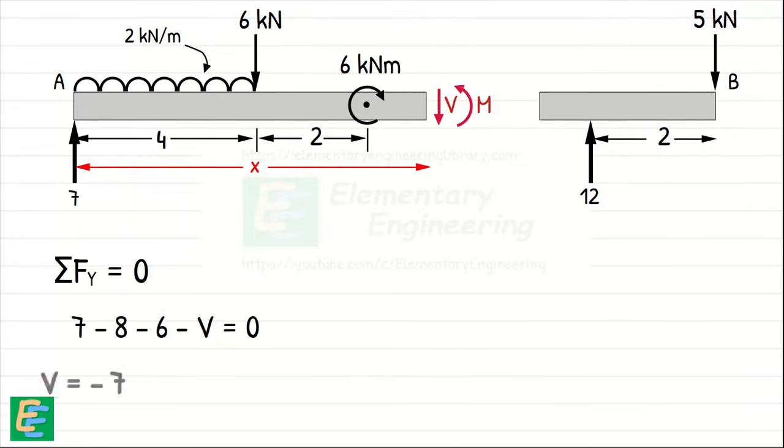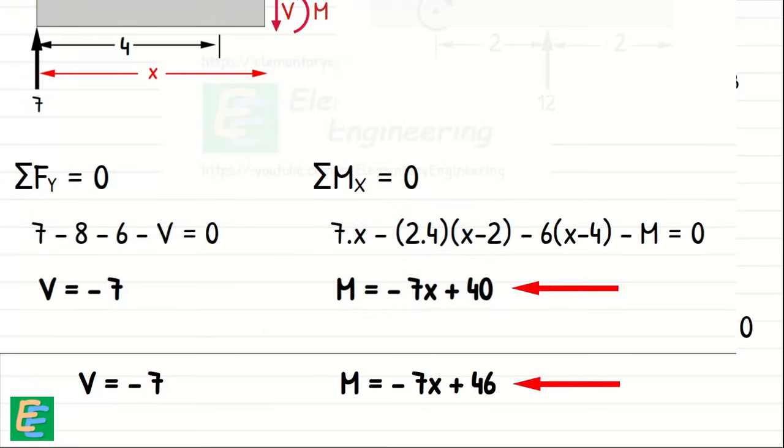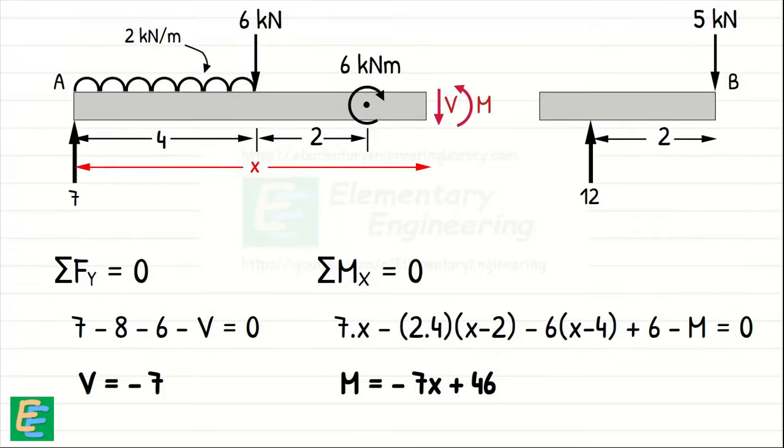Balancing the vertical forces does not change the prior equation, since no additional vertical load is applied to the beam. But when we balance the moments, we get this. We notice the bending moment equation changed by 6 kilonewton meter. This represents a sudden jump in the bending moment diagram equal to the magnitude of the applied moment.